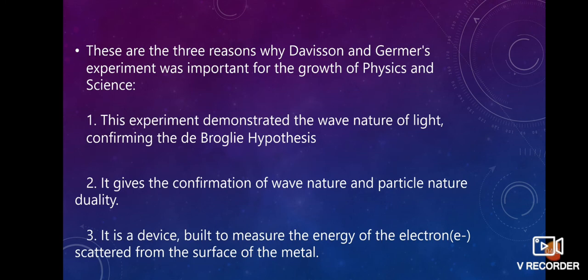These are the three reasons why the experiment was important for the growth of physics and science. First, this experiment demonstrated the wave nature of electrons, thus confirming the de Broglie hypothesis. It gives the confirmation of wave nature and particle nature duality. It is a device built to measure the energy of the electrons scattered from the surface of the metal.